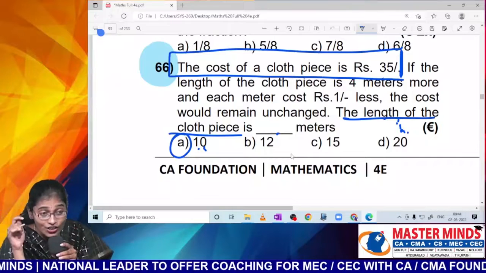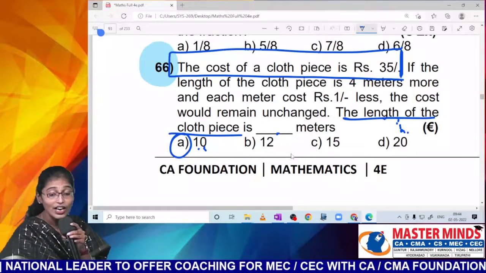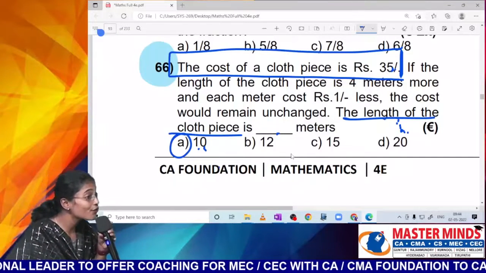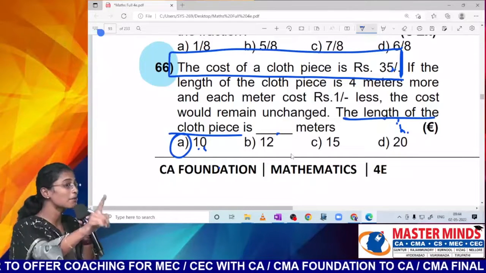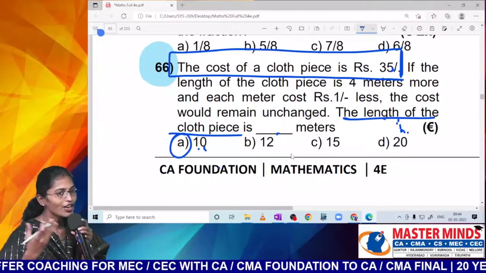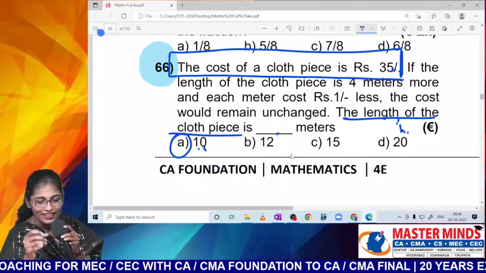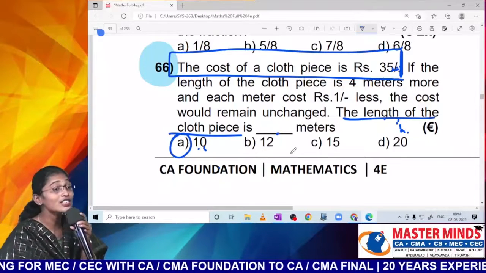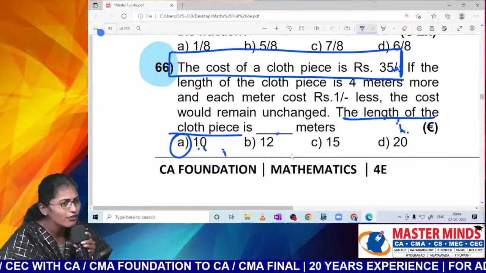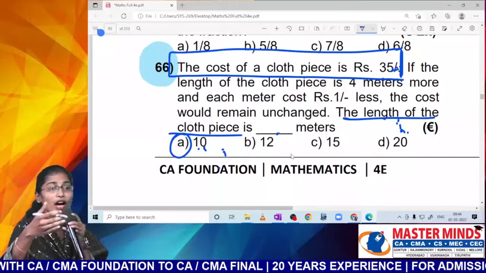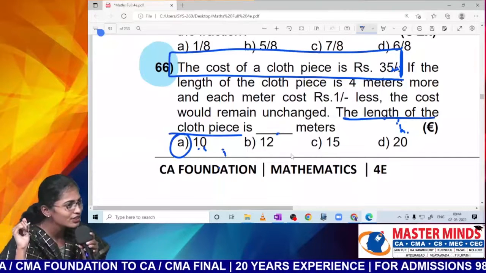What is the cost of the cloth piece? 35 rupees is the cost of how many meters? I just wanted to know the cost per 1 meter. Then don't you have to calculate it for 1 meter? 35 by 10. How much?